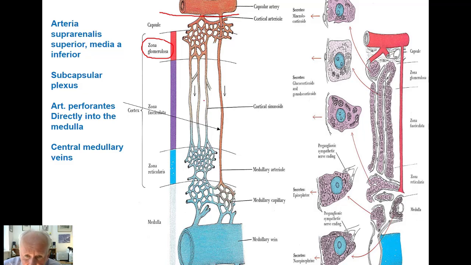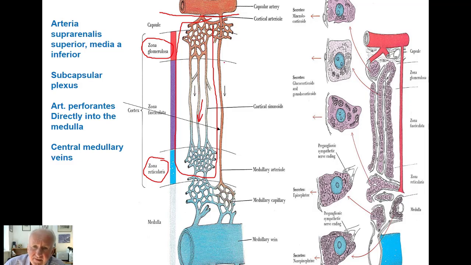Then you see here cortical sinusoids running into a next capillary net, more in the zona reticularis. So this is one system of blood running to the medulla, because all the cells in the cortex are producing hormones which have to get into the blood.